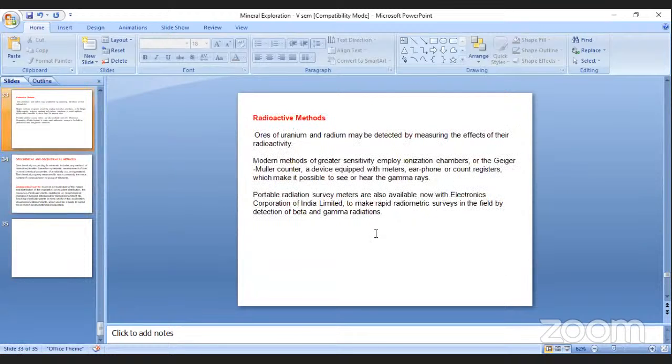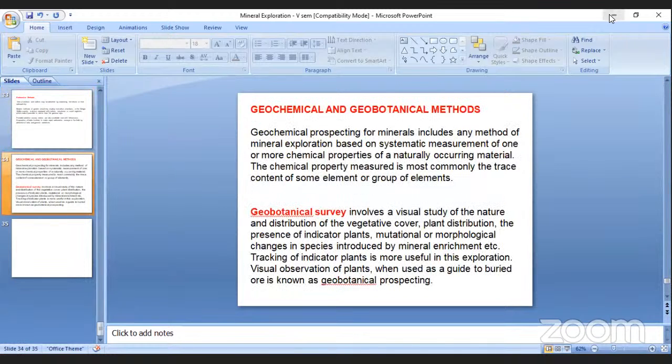And again, when you go into geochemical methods, the scale is very important from an exploration point of view.